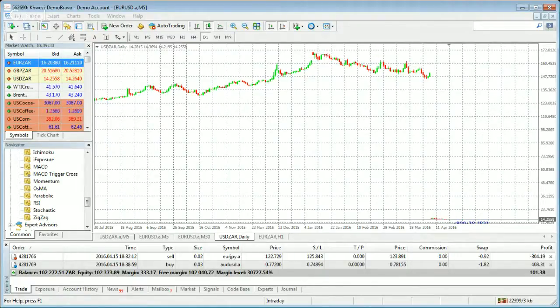Here we go. Daily there goes back until 2012. That's incorrect data. That's definitely the wrong data for the instrument there.